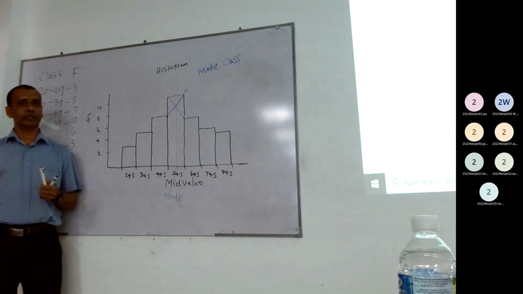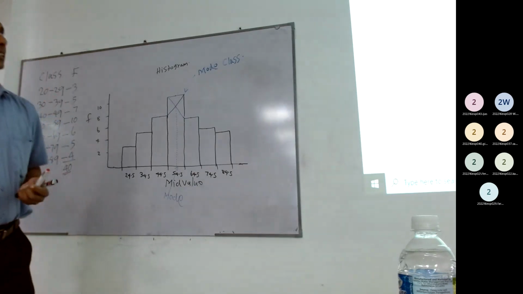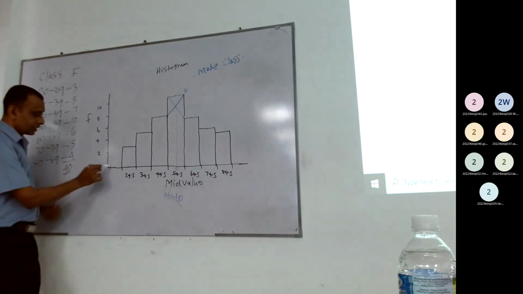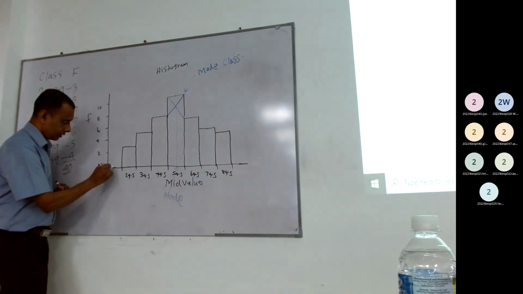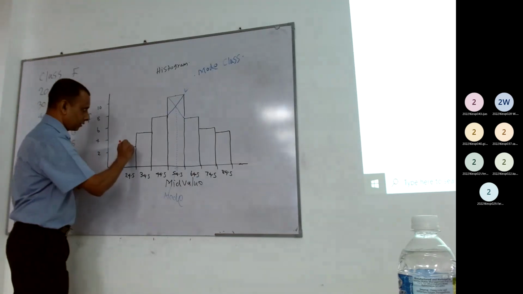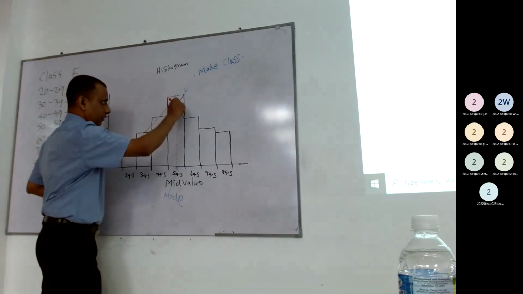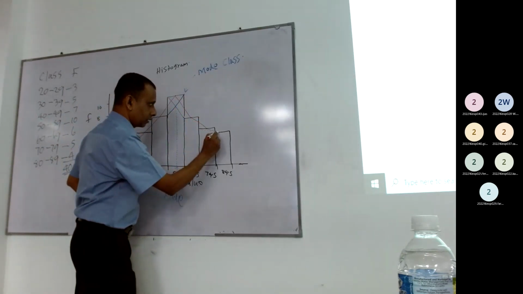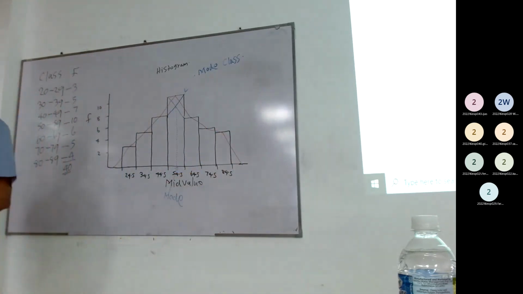Right, they can see correctly. Then all these midpoints you can link, linearize.